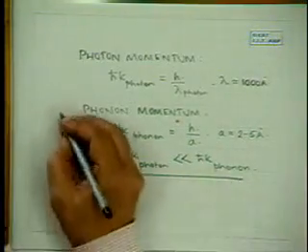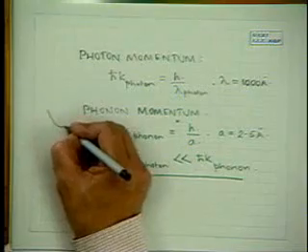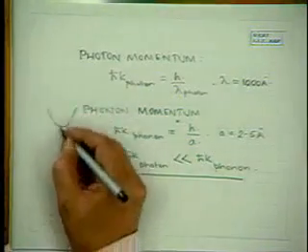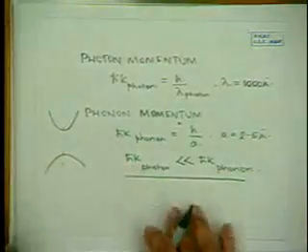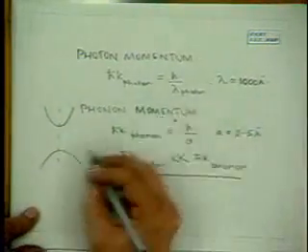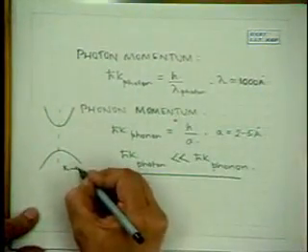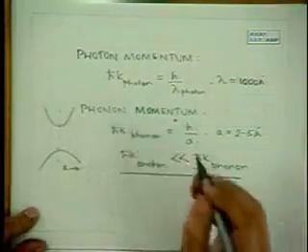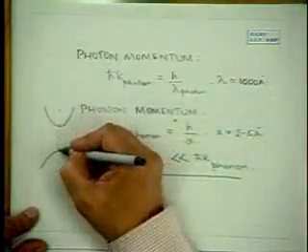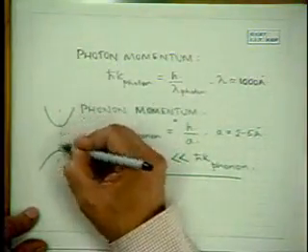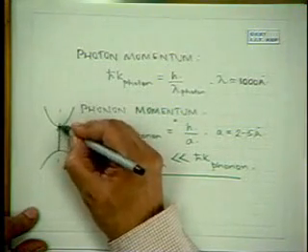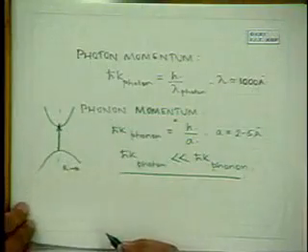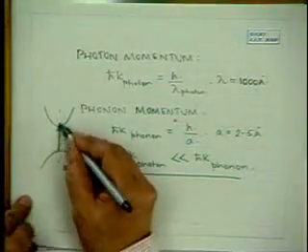As a result, when we draw transitions due to photons, we say that the transition is direct.